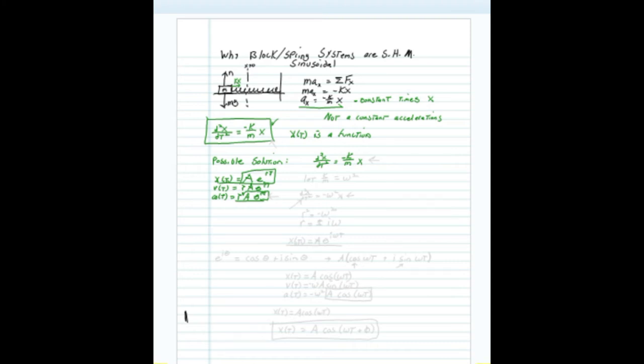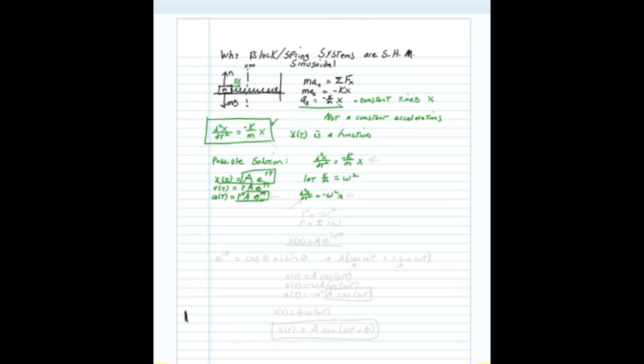But what I'm going to do is let k over m equal omega squared. I know it looks like w, but let it equal omega squared. Like I said, it's not going to make sense right now as to why we called it omega squared, why we didn't call it b or c or k or whatever. But later on, that'll start to make more sense. So we can rewrite then like this: negative omega squared x.